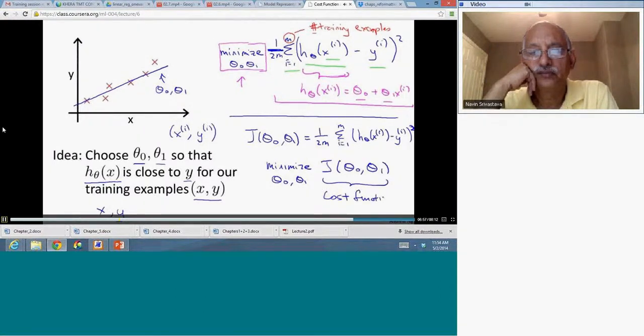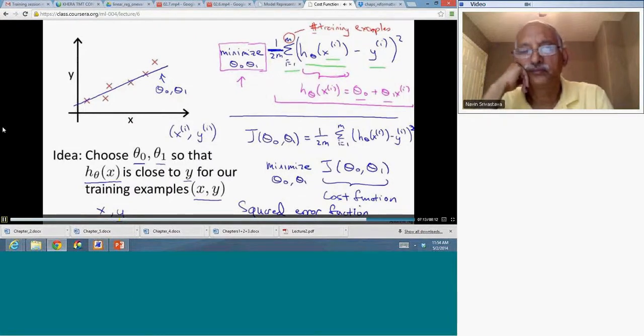This cost function is also called the squared error function. And it turns out that the squared error cost function is a reasonable choice and will work well for most regression problems.